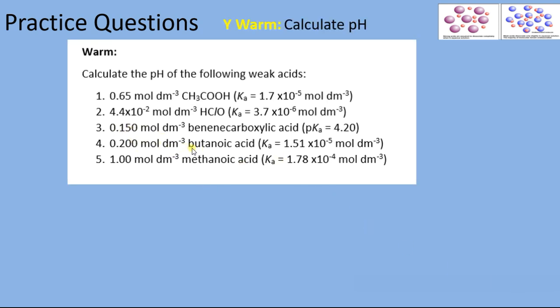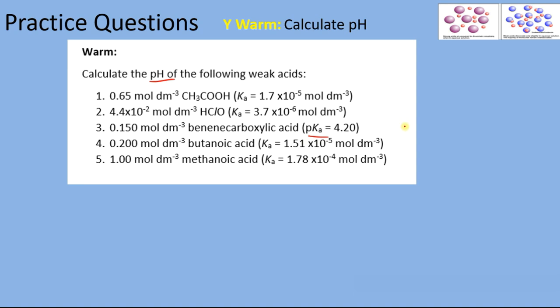So here, butanoic acid, methanoic acid, all of these are weak acids. Ka values are given, and pKa values are given. I hope you can actually work out the Ka from this, because that's what you're going to need to work out the pH, right?